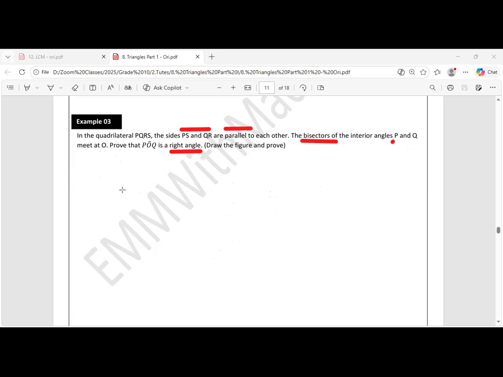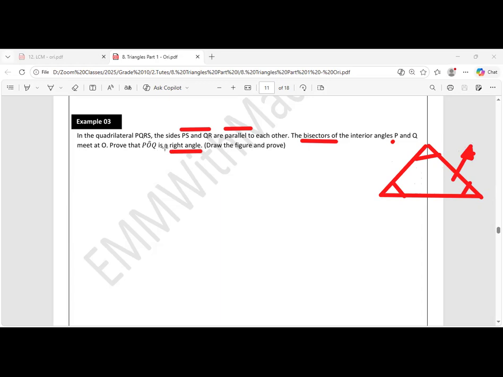So we have to only use the second theorem. We have a triangle, and if we get the summation of the interior angles of a triangle, it will be equal to 180 degrees.